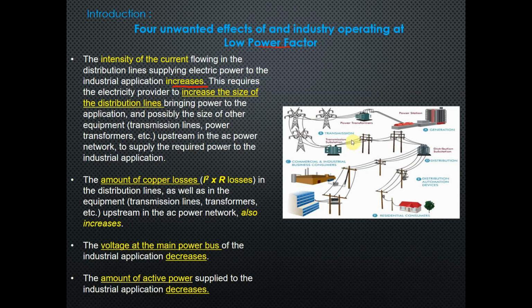It will cost some amount to the power company, and it will also affect the weight of the transmission line, so the structure of the tower must be considered. Also, the amount of copper loss, as I said earlier, is I squared R, so the copper loss in the line is also increased.